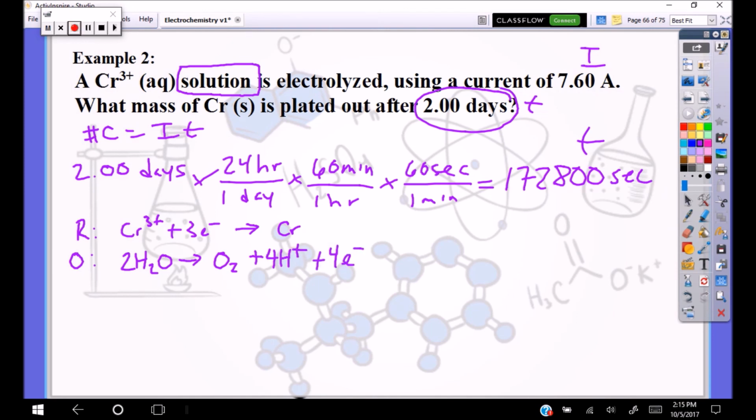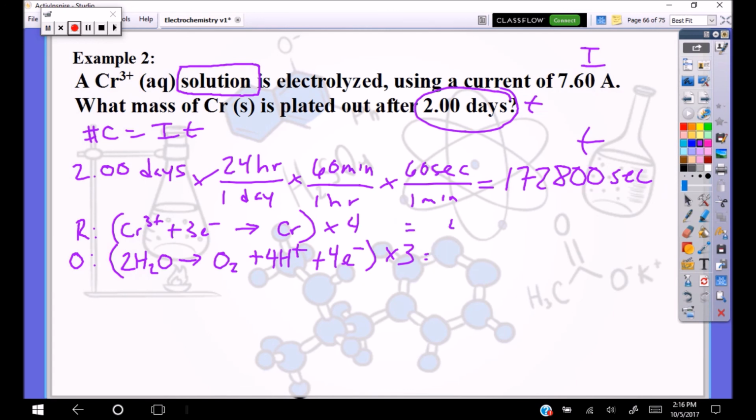Okay. So we have to go ahead and balance this. What do I need to multiply my reduction reaction by? And what do I need to multiply my oxidation reaction by? All right, times 4 for the reduction, times 3 for the oxidation.